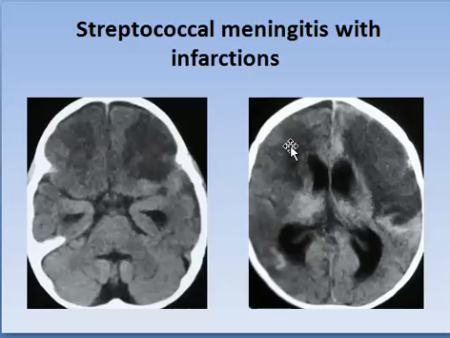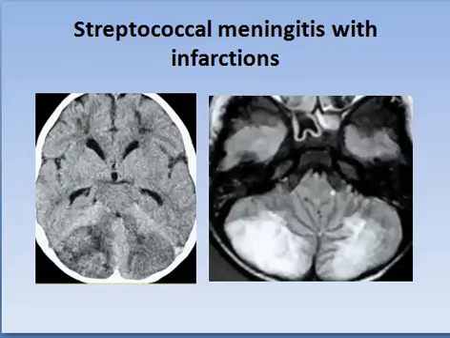Streptococcal meningitis is usually seen with massive infarcts, massive encephalitis, and infarct formation with hemorrhage. Streptococcal meningitis with massive infarction of the cerebellum. So if you have any suspicious meningitis, please consider infarcts and cerebral or cerebellar hypoperfusion.